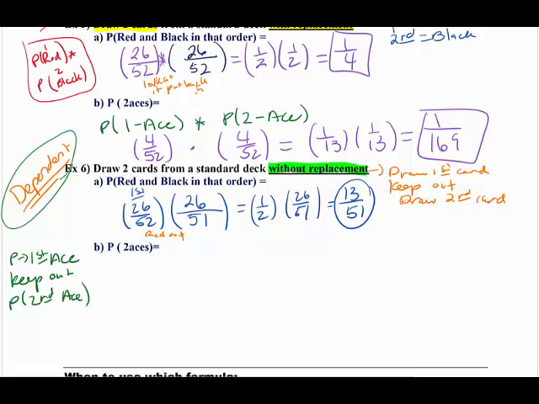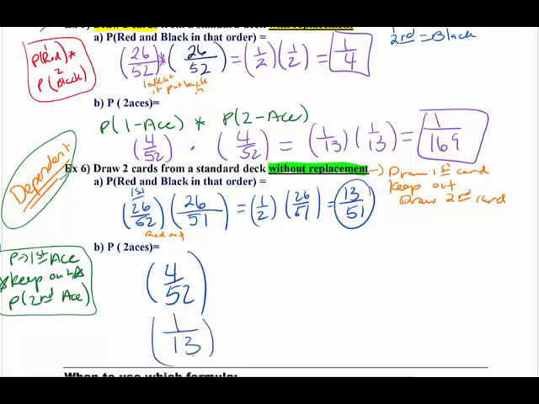That's what I want. Like, that's the idea here. So this is one where the keeping it out matters. So the probability that the first one is an ace, there are 4 aces out of 52, or some of you will know that that's 1 over 13. Again, if you know that already, you can use it. But I have now kept that ace out.